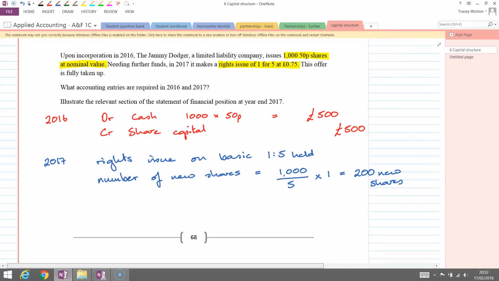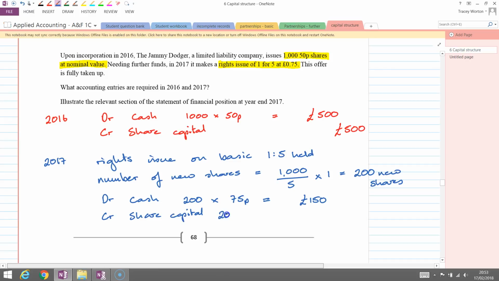So again, looking at the double entry then, we're going to debit cash with 200 shares times 75p. So that's going to bring in an extra £150. And then we're going to credit the share capital.